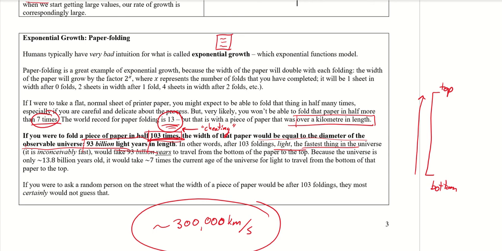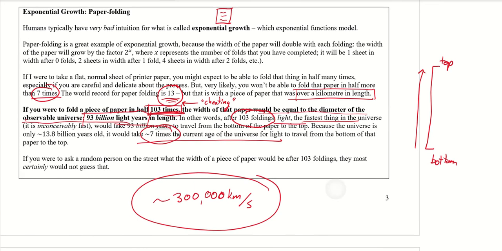Or in other words, it takes over 7 times the current age of the universe for light, the fastest thing in the universe, to travel from the bottom of that stack of paper to the top after only folding it in half 103 times. That is inconceivable.